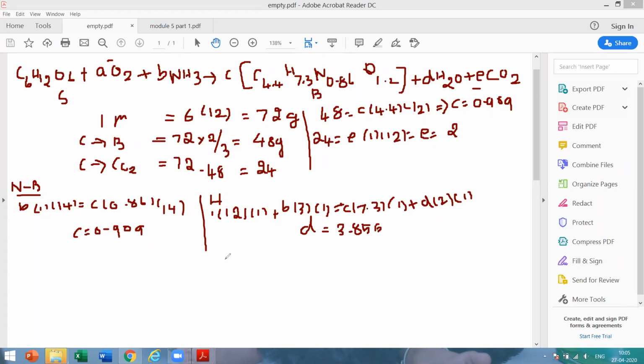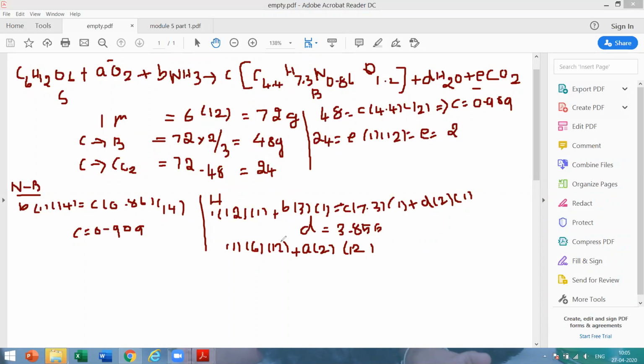So that is 1 into 6 into oxygen is how much? 12, plus then A into 2 into 12. Oxygen is 12 or 16, ma?